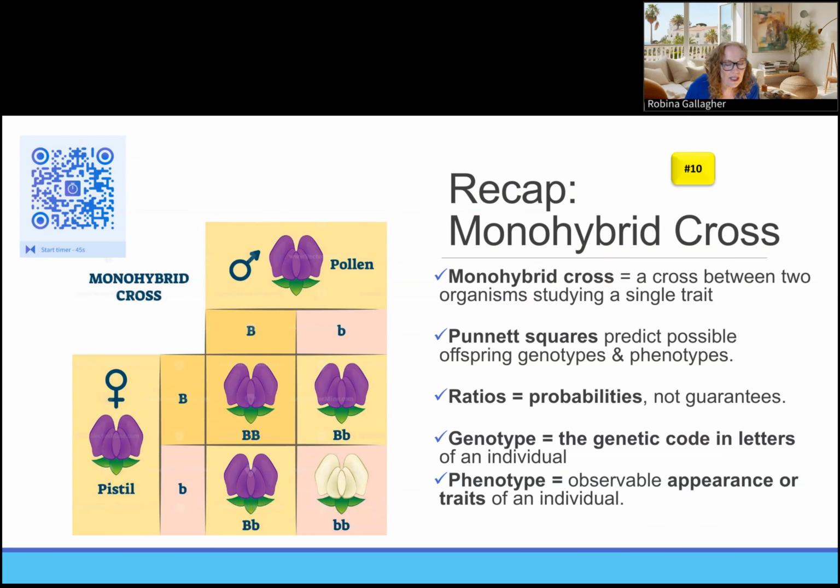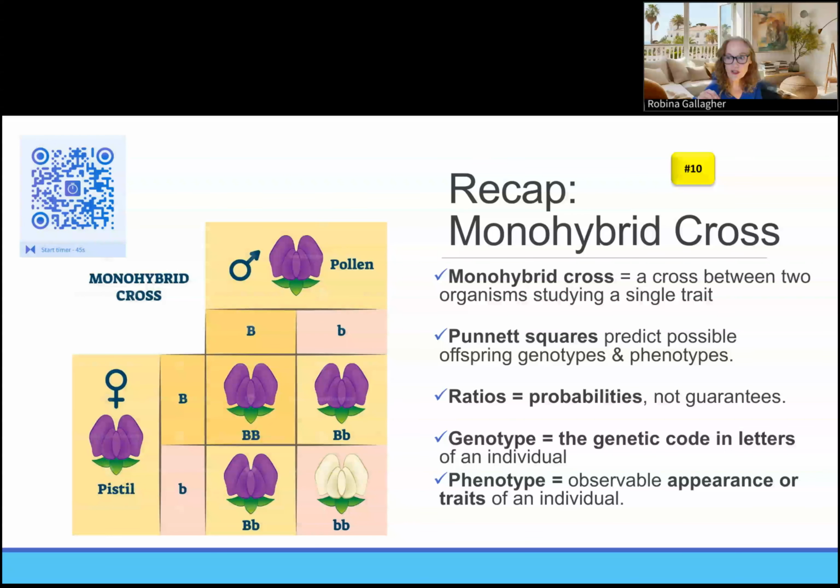Okay. Last question is matching. So remember that monohybrid crosses are a cross between two organisms when we study a single trait, right? Punnett squares just predict the possible offspring, right? It's just probability.